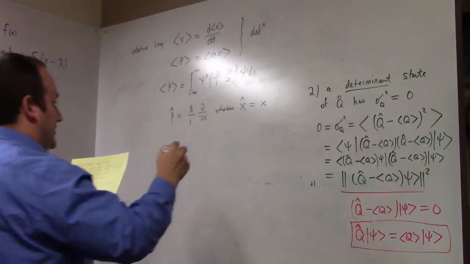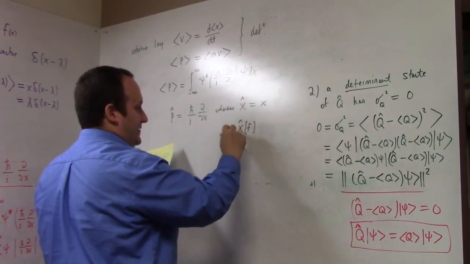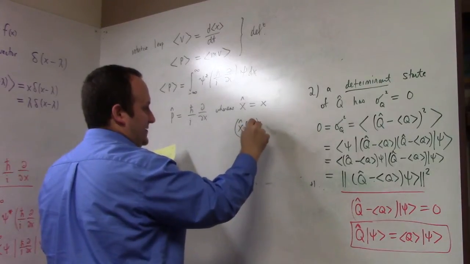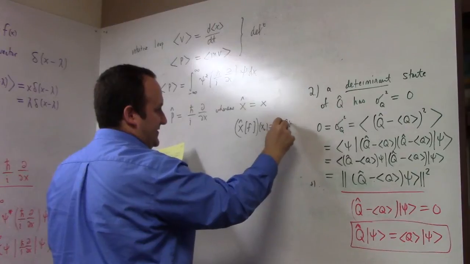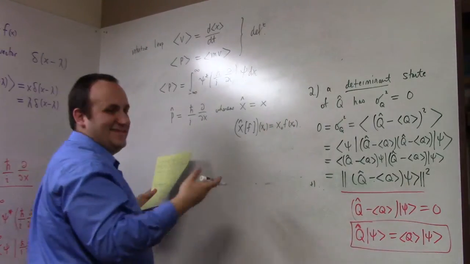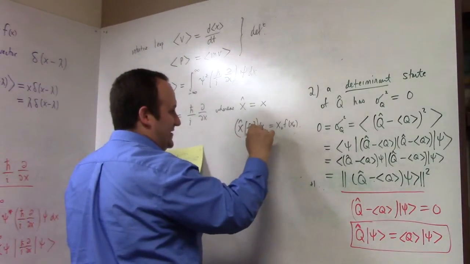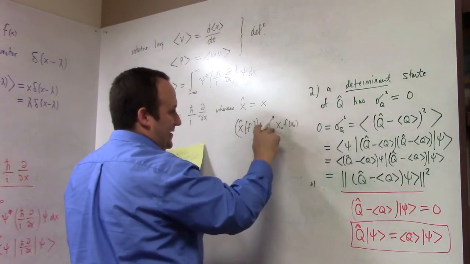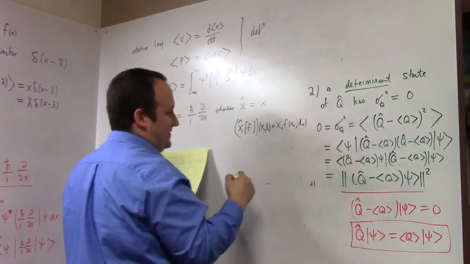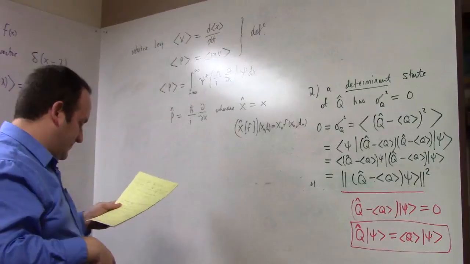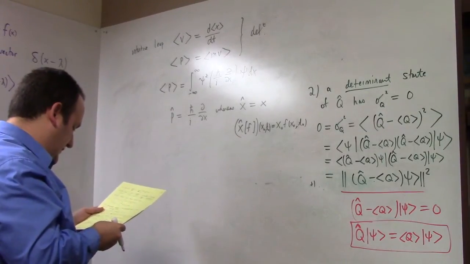Formally, x hat acting on f at the position, say x naught, would be equal to x naught f of x naught. And actually, that's still not good because I still need a time. I'm not sure I put the time in the right order, but anyway.